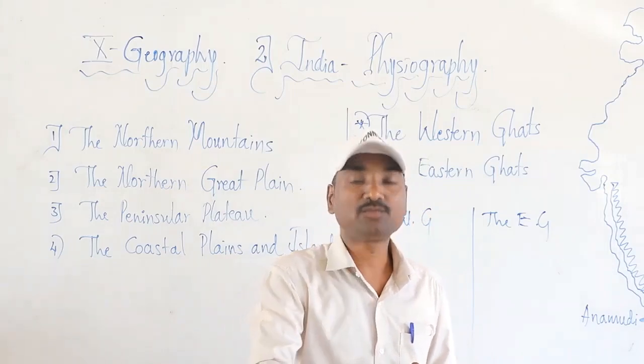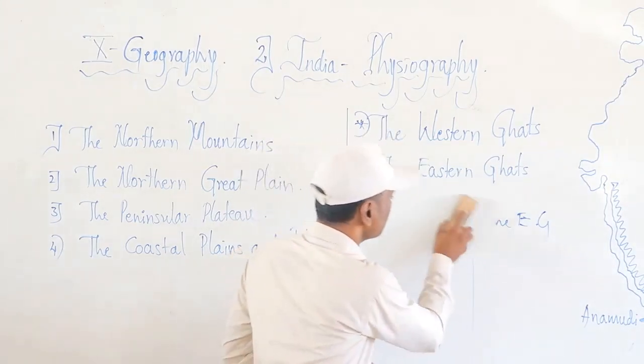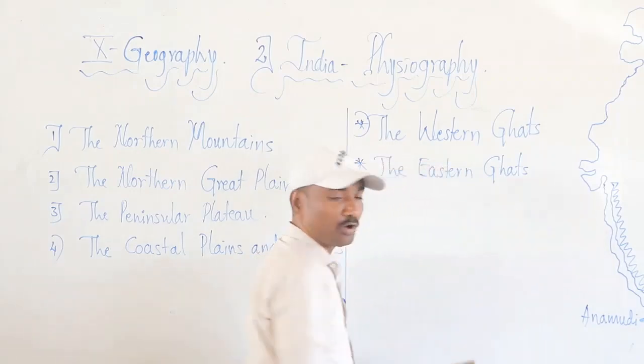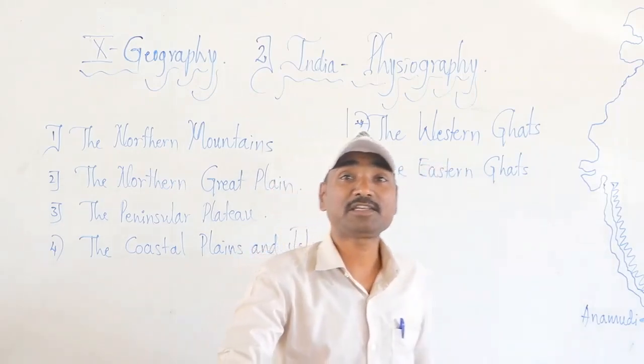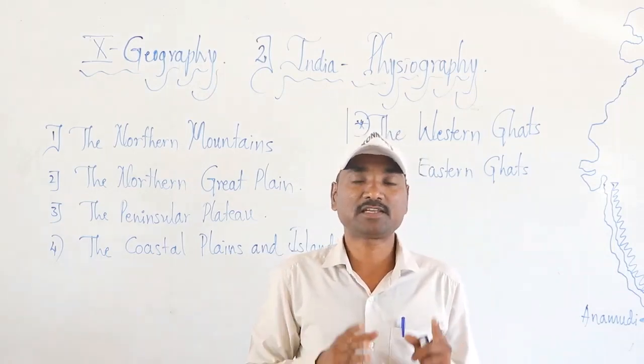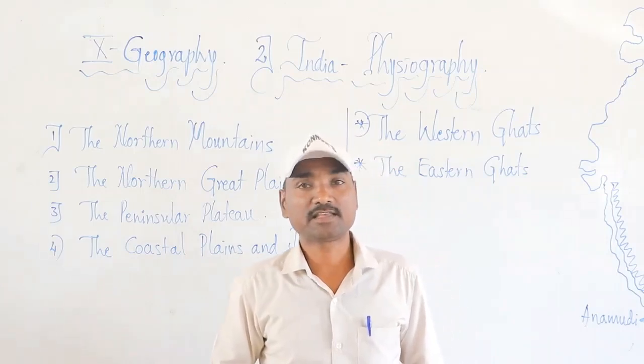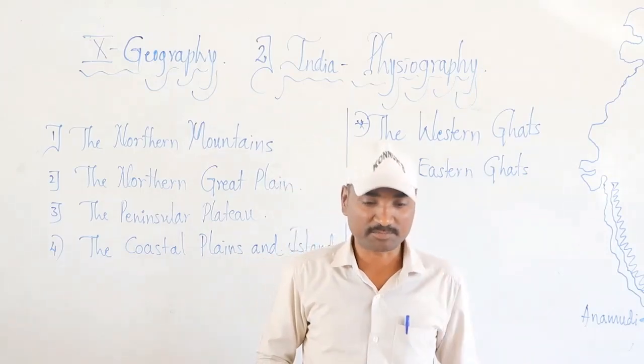Then you can get maximum marks in this. Every year there is an expected question on what is the difference between Eastern and Western Ghats, what is the difference between the Eastern coastal area and the Western coastal area. Those are expected questions in the annual examination.